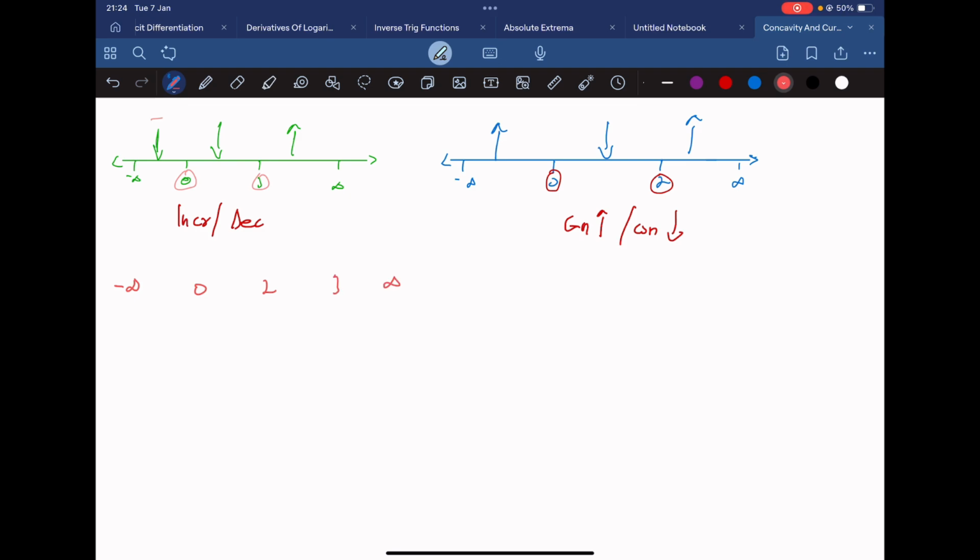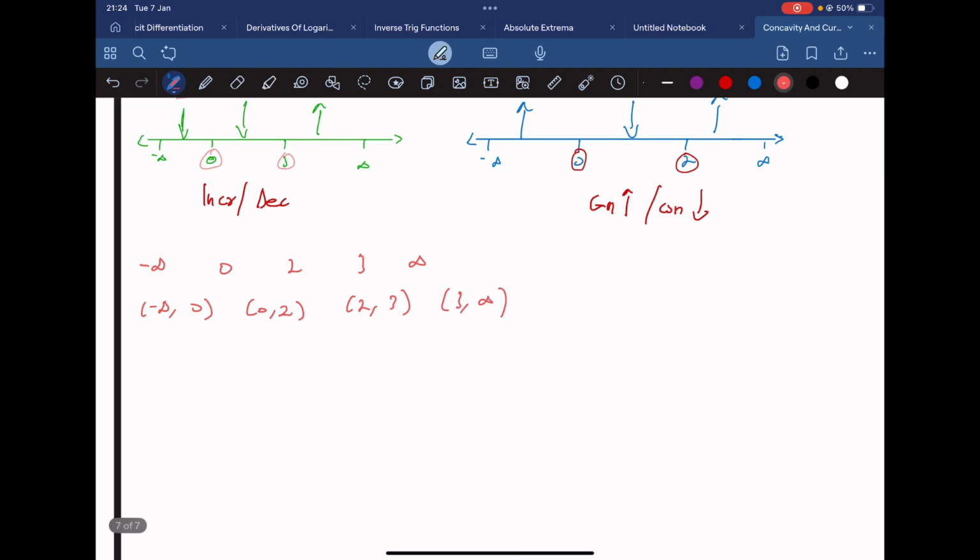We don't have any terms left. So now we can combine these. So we have from negative infinity to 0, then 0 and 2, then 2 and 3, and the last set will be 3 and infinity.